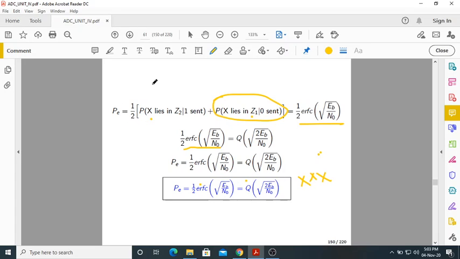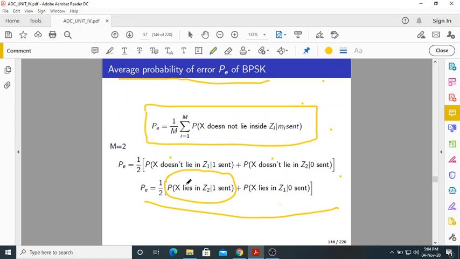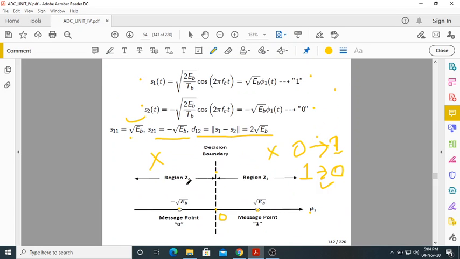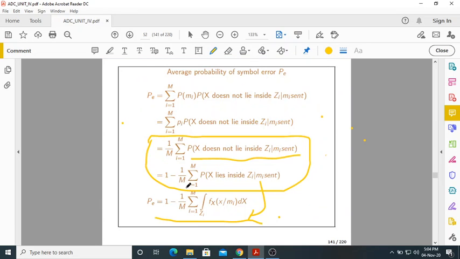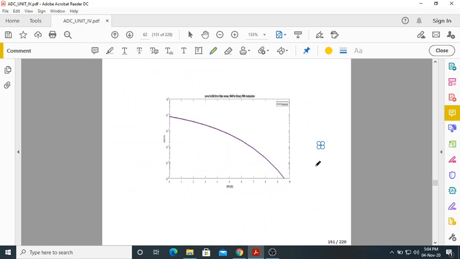With this we complete the probability of error of the BPSK. I explained the standard procedure, but there is a simpler way of finding the probability of error. Before that, this is the graph of SNR versus bit error rate.